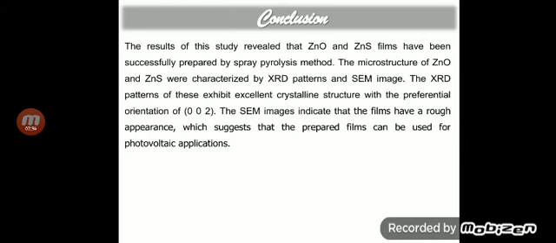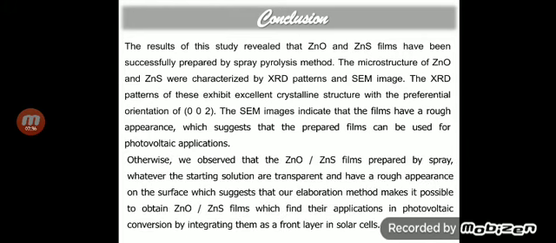The scanning electron microscopy images indicate that the films have a rough appearance, which suggests that the prepared films can be used for photovoltaic application.